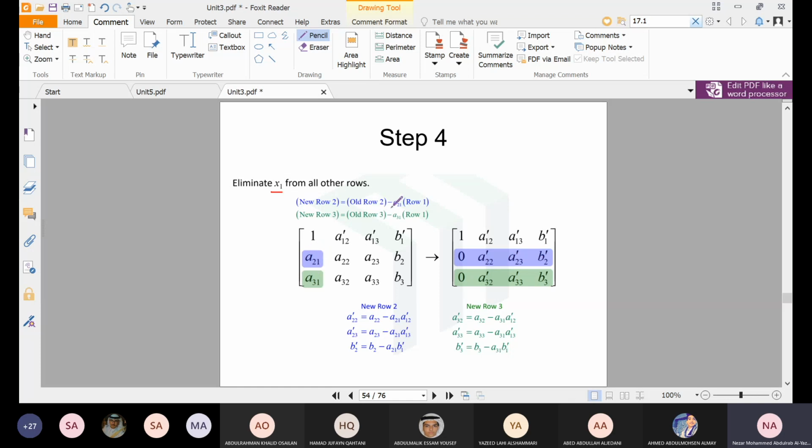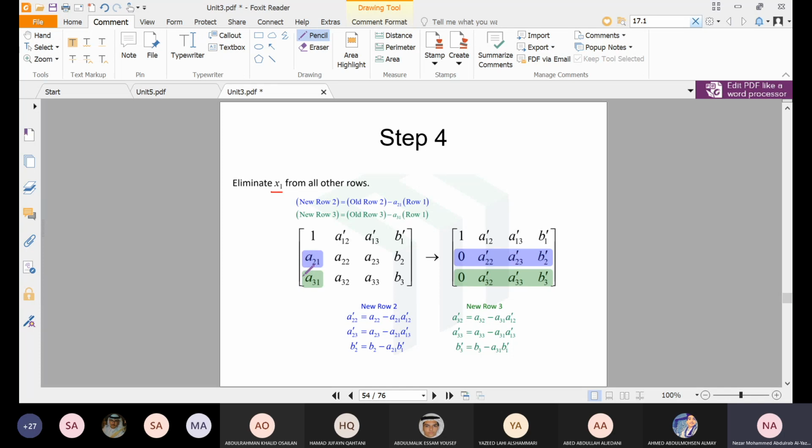So we use naive elimination. The new row 2 is equal to old row 2 minus the coefficient here multiplied by, before, we take the ratio between the coefficient that we want to eliminate over the pivot element. And now because the pivot element is already 1, we have A21 over 1, so no need to type this. So we have only A21 multiplied by row 1. So we use row 1 to eliminate this coefficient.